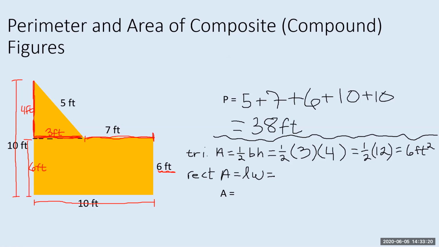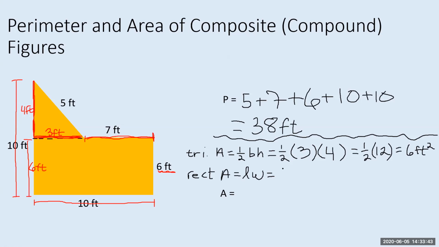I kind of wish they would write it as base times height just because all of the other formulas use base times height. And I think that shows how all of these formulas are kind of connected to each other, where they're all based on the idea of base and height of the shape. So I wrote it as length times width just to stay consistent with the formula sheet, but you can think of it also as base times height.